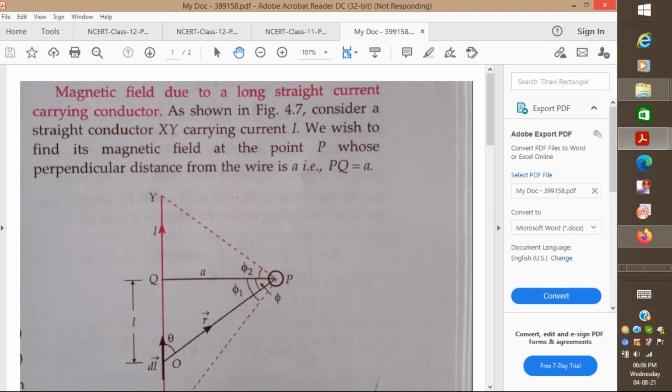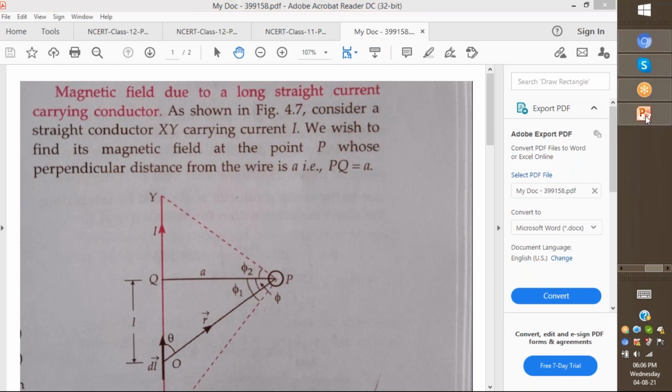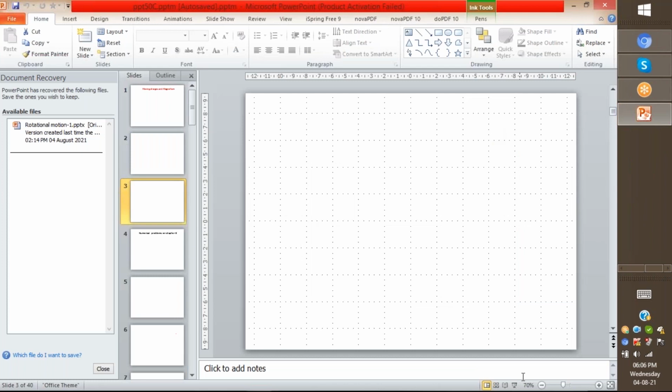We had applied that Biot-Savart law for a current carrying loop, to find out the magnetic field at any axial point on the loop. Those things we had already discussed.